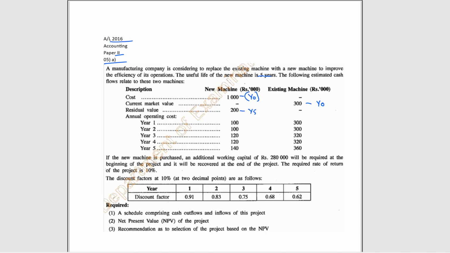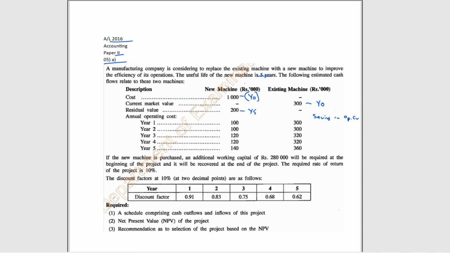If you are moving from the old machine to a new machine, obviously there will be some savings because the new machine's efficiency will be better. So here, if we are using the old asset, we will have to incur a cost of 300,000. But if we are using the new machine, we will have to incur a cost of only 100,000. So there will be a saving in operating cost.